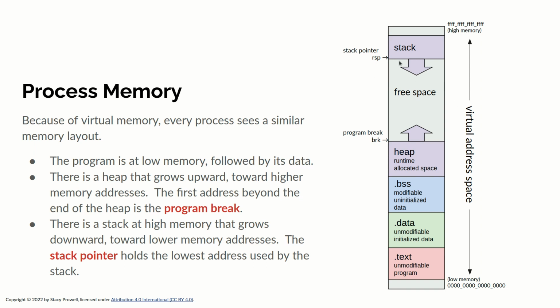The stack, we already know, is up here at high memory. It grows downward. The last address in use by the stack, the lowest address in use by the stack, is the stack pointer RSP. It points to that address. So you may see here, we get this and we bump it up one more to this. Here we have this, we bump it up one more to this.